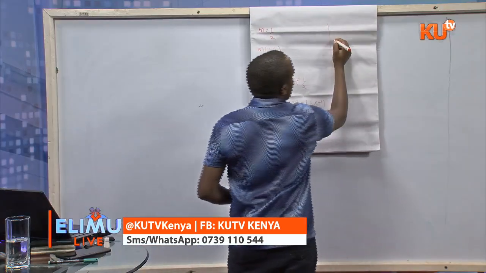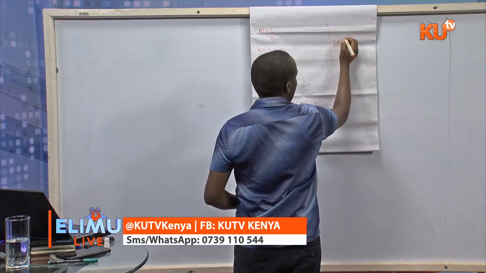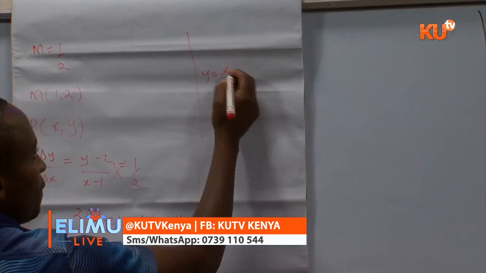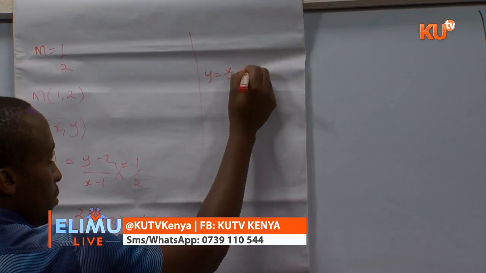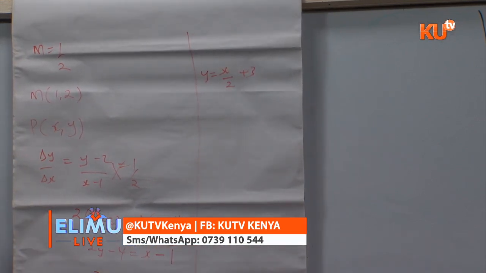So that means our equation for line M is y = 1/2 x + 3/2. The concept here about two lines that meet at 90 degrees is that the product of their gradients is equal to -1.